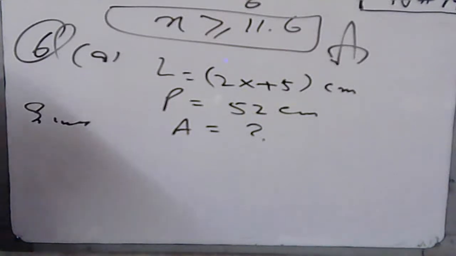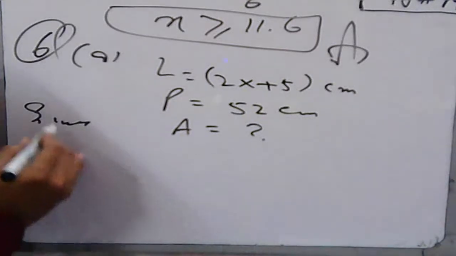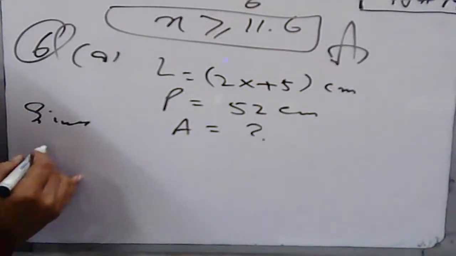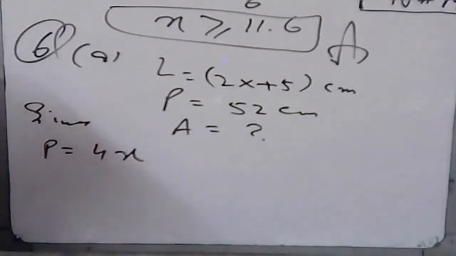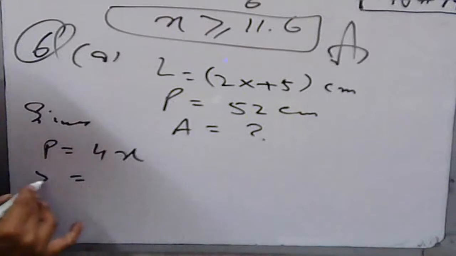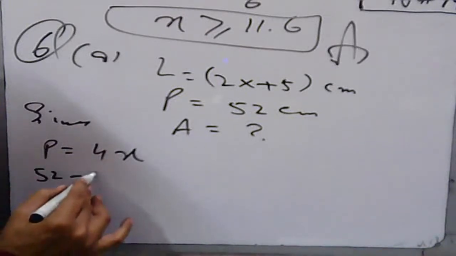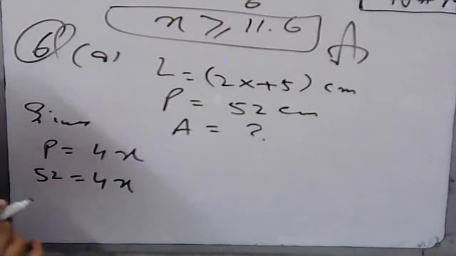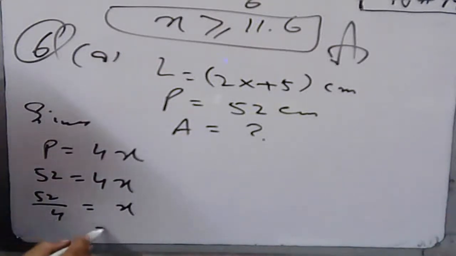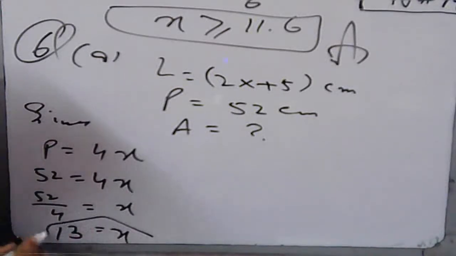If we use the formula of perimeter, that is perimeter is 4x in case of square, so perimeter is 52, 4x, so it means the value of x is 52 divided by 4, so you will get 13. So the value of x is 13.